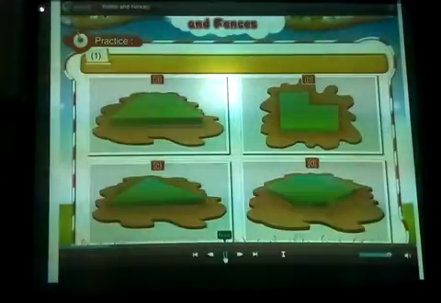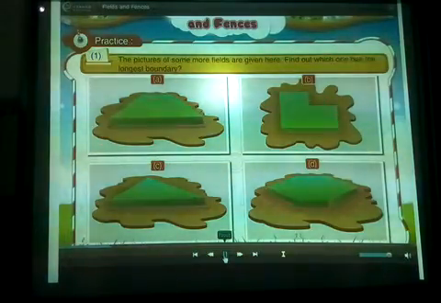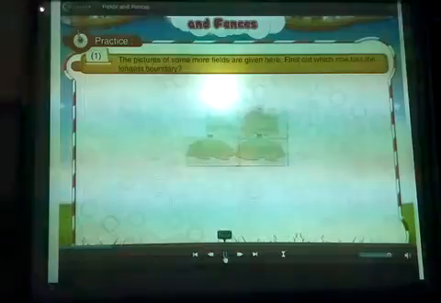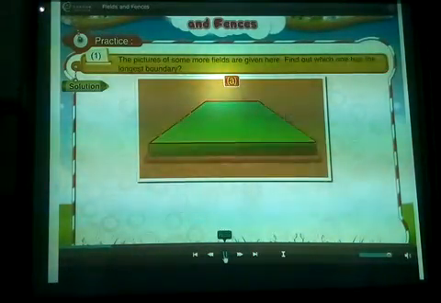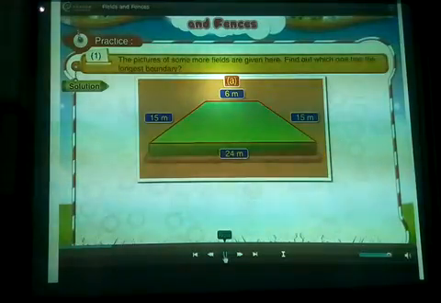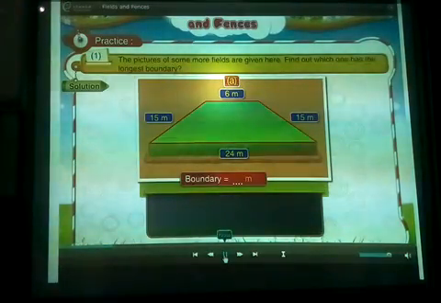Practice. 1. The pictures of some more fields are given here. Find out which one has the longest boundary. A. Here, the length of each side of the field is given. To find the length of the boundary, let's add the lengths of all the sides.